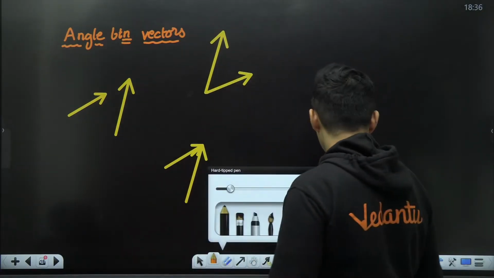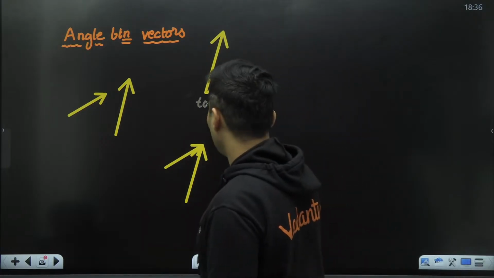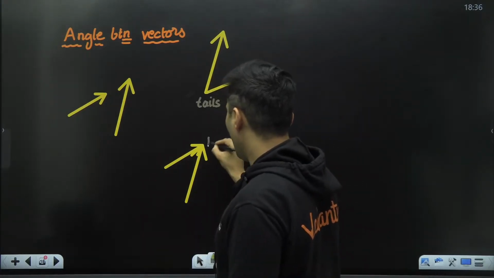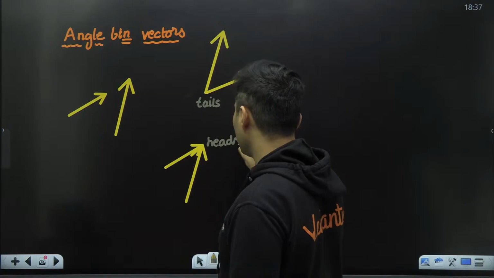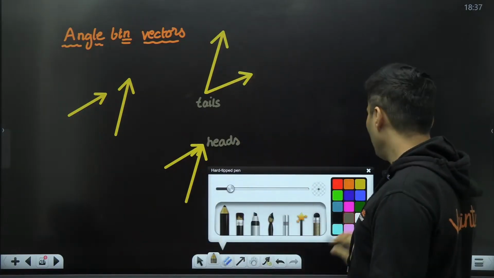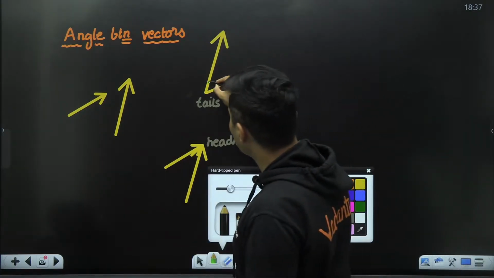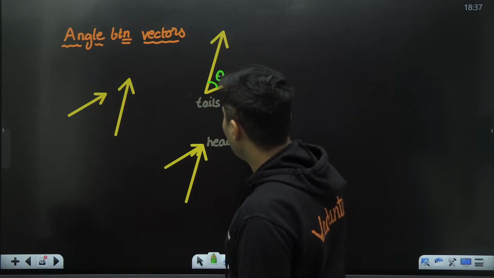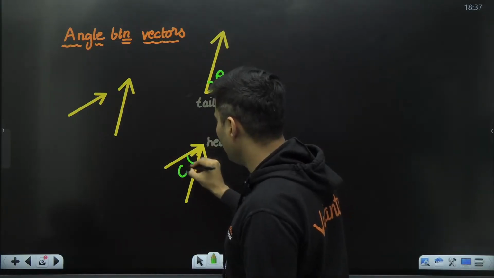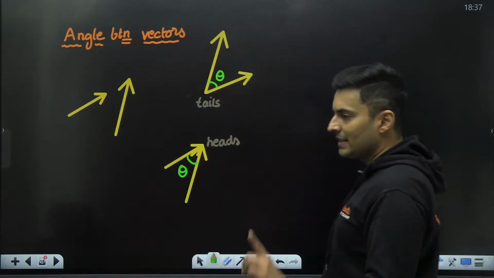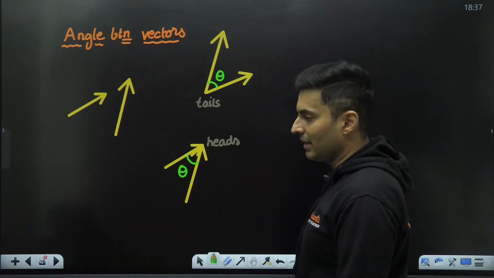Either their tails should coincide with each other or their heads should coincide with each other. Once they do, then measure the angle between them. That is the correct angle between two vectors.